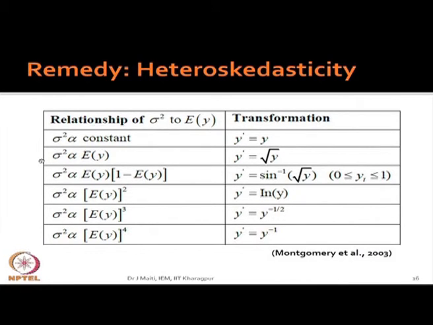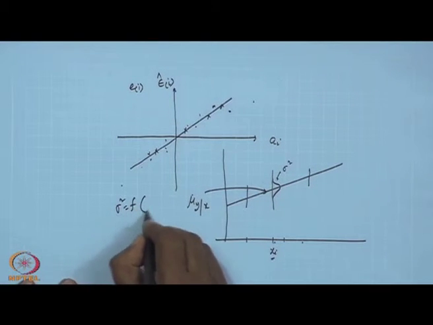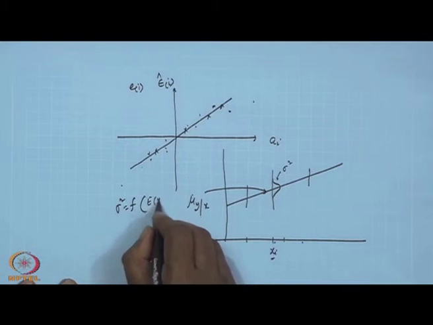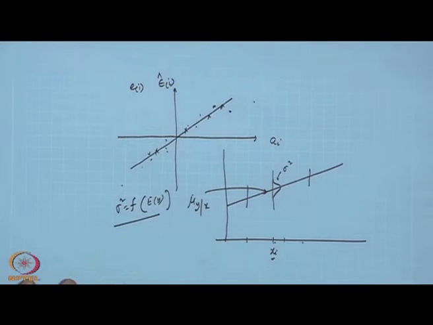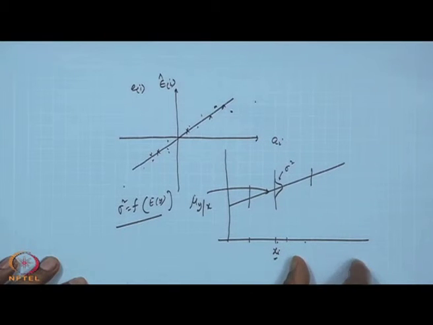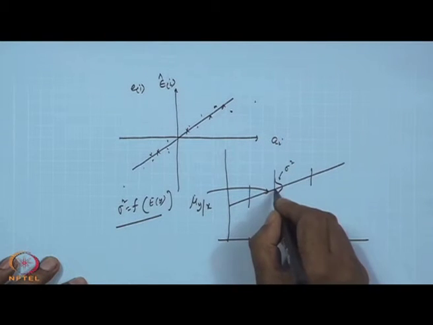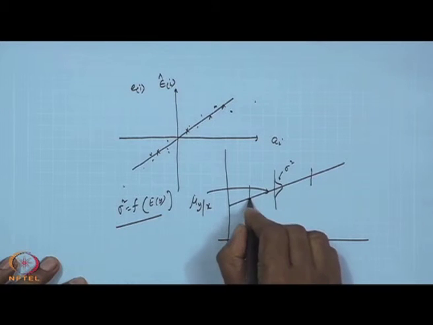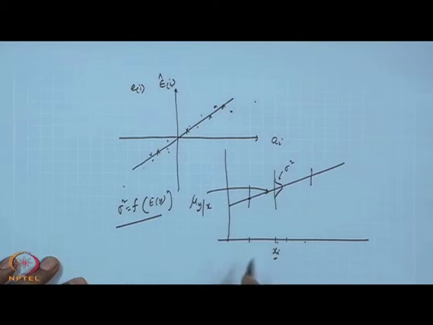But it may so happen that the sigma value is a function of your expected y. That means, when expected y at this point is greater than at this point, this value is the conditional mean of y given x equal to x1 or x2 or something, let it be x1.